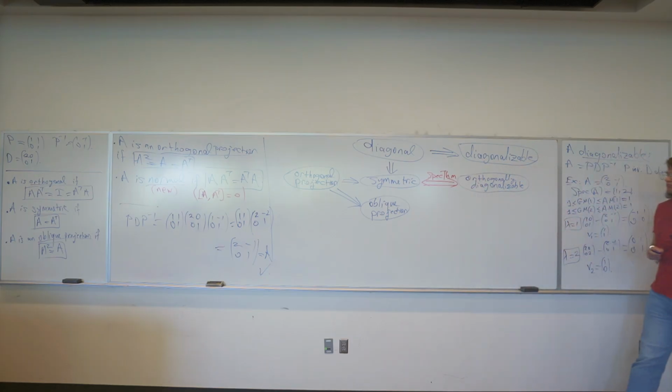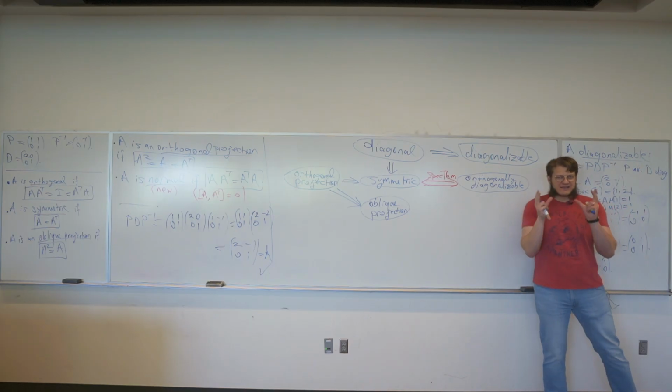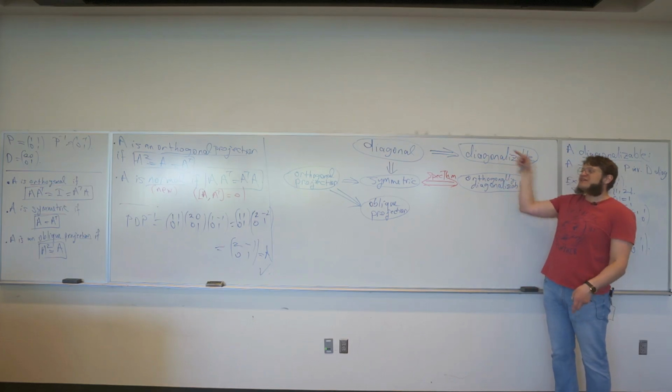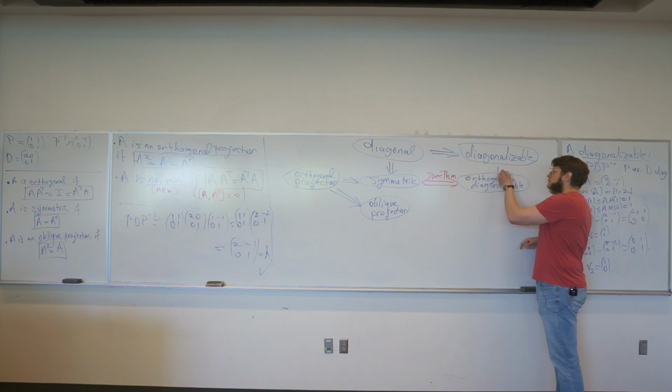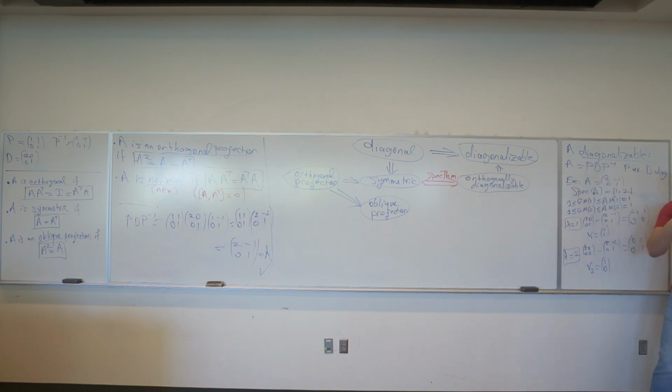Certainly, if a matrix is orthogonally diagonalizable, it sounds like you can diagonalize it in a specified manner. It should be diagonalizable. But the point is not vice versa, because any orthogonal matrix is invertible.